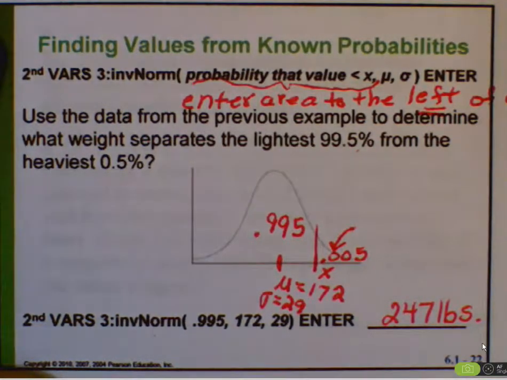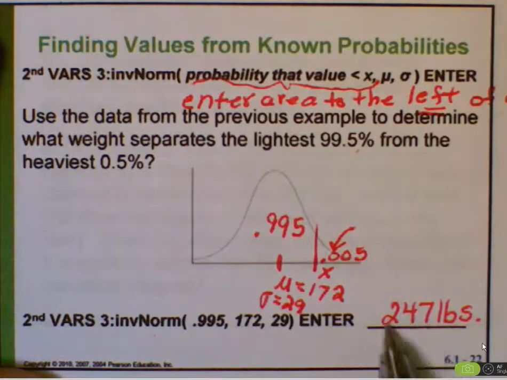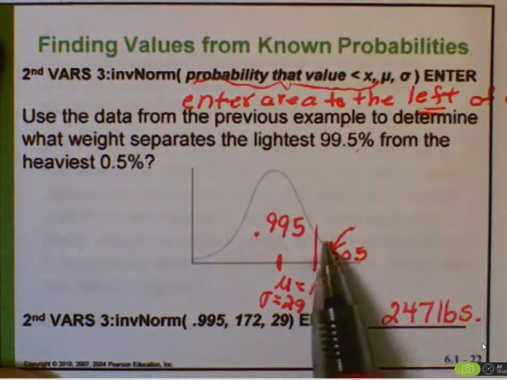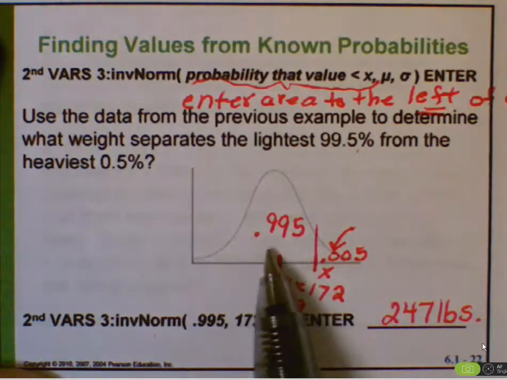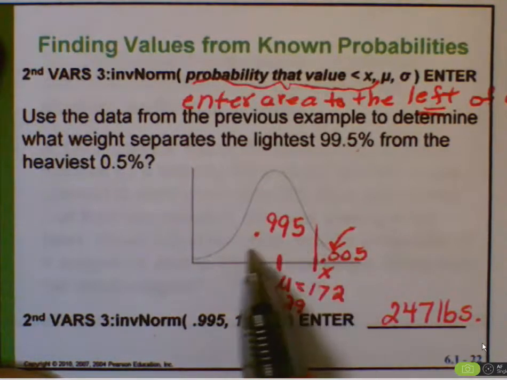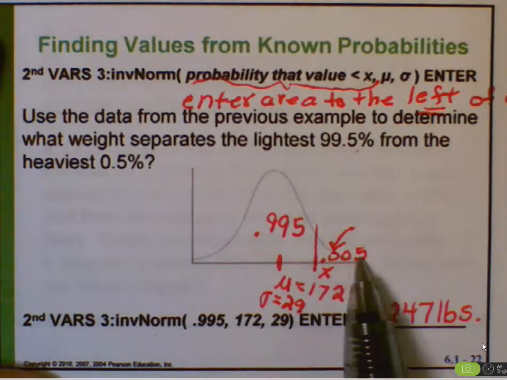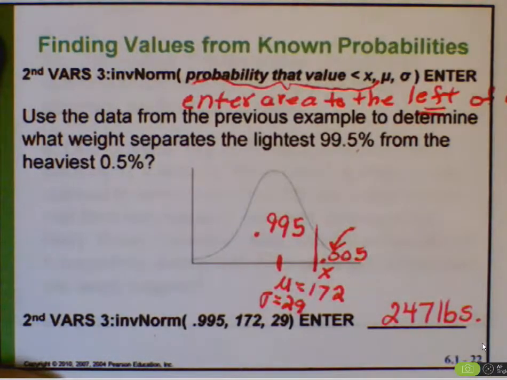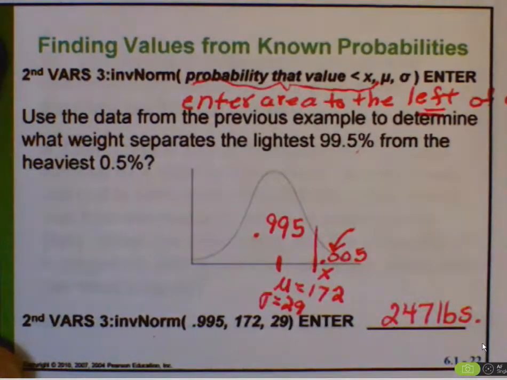So what that means is if we used 247 pounds for this cutoff, then 99.5% of the population would weigh less than that, and only 0.5% of the population would weigh more than that.